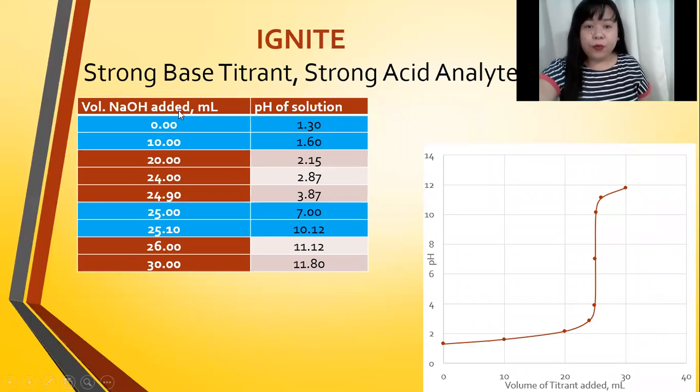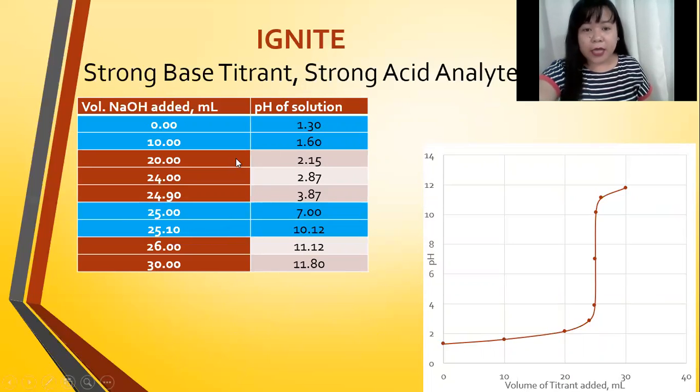Okay, now we have computed for 4 points in the titration process of that system. So starting from 0, 10 ml titrant, at equivalence point, which is 25 ml titrant, and after equivalence point, which is 25.10 ml titrant.